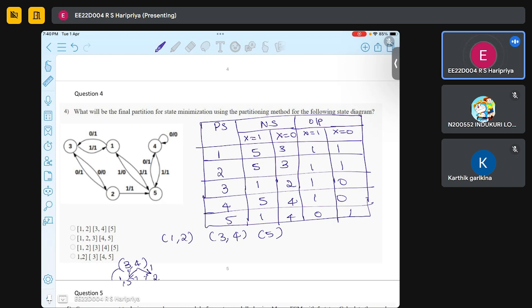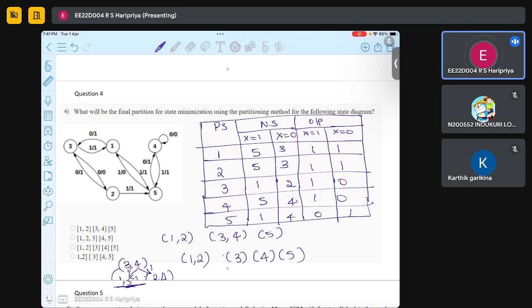This will be 2, 4. So 1 and 5 are in different sets. That means if I want to separate, 5 is because of 1. So again we have to separate 3 and 4 separately and 5. And 1.